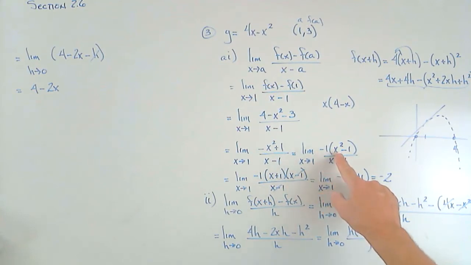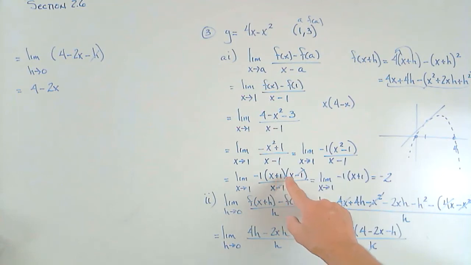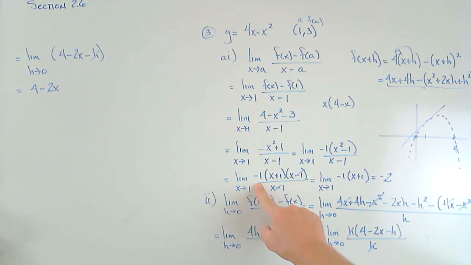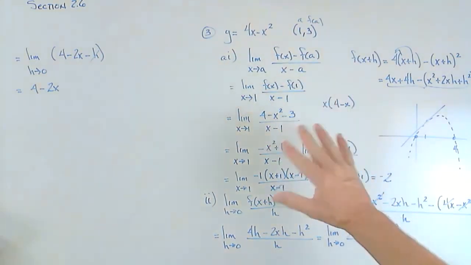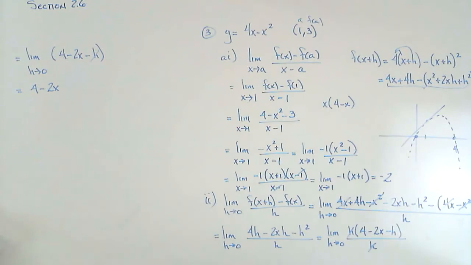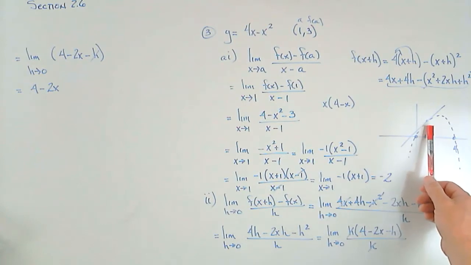That gives me positive x squared, take away 1. That factors x plus 1, x minus 1. I get a negative there. What? I cannot find that negative sign error. It's in here, but I just don't see it. I'm hopefully not leading you astray here. Hopefully you see it, because clearly that slope is not negative.